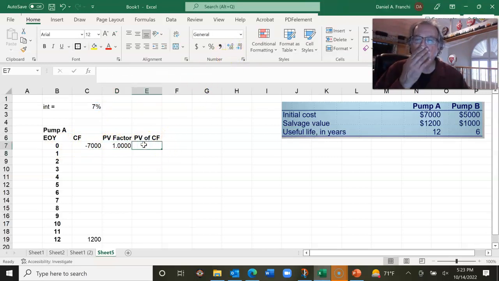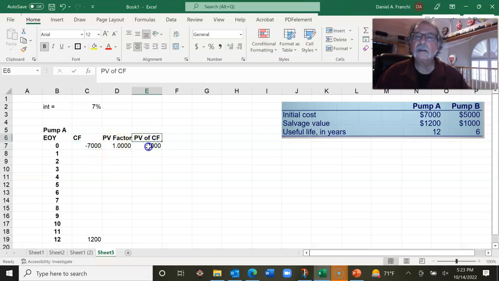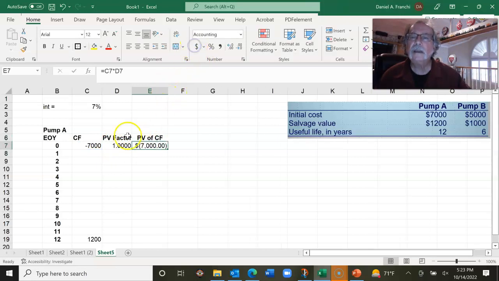And the present value of the cash flows is going to be the present value factor times the cash flow. We'll just make this $1. Now, I just have to copy this down to here.